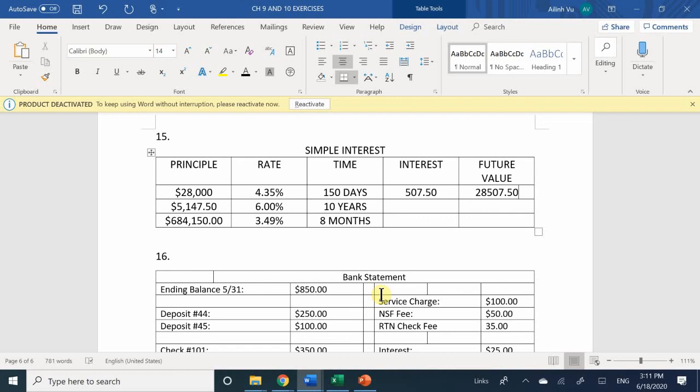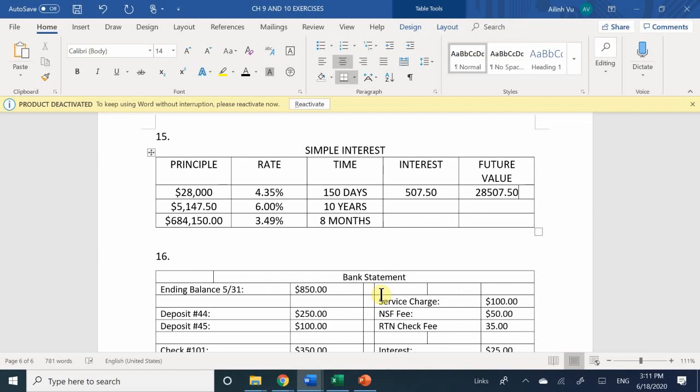So the month, you just put up there and divide the entire thing by 12. Principal times the rate times the month divided by 12, right? Yes. Okay. Times 8 divided by 12.